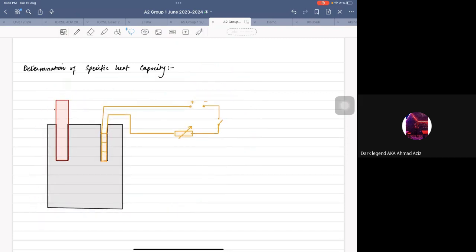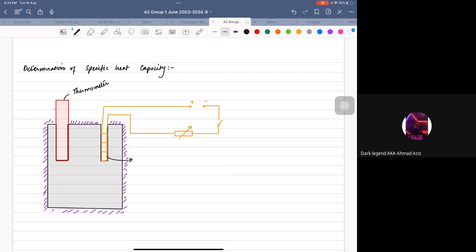So then what you do is you also put a sort of insulation around this block like this. And once you have done all this, you need to label everything that you've drawn. So let's do that. First of all, this would be the thermometer. You don't need to draw a thermometer, you can just make a box and write it down, that's fine.